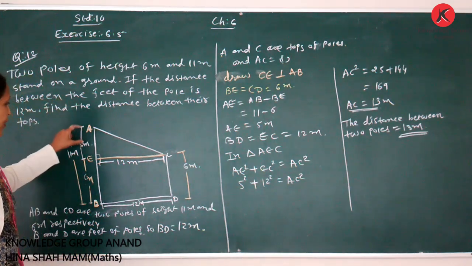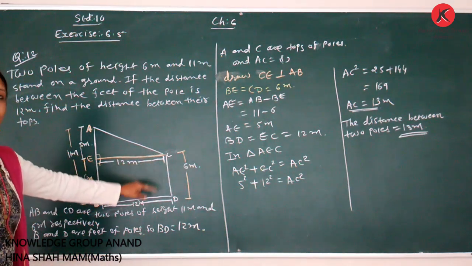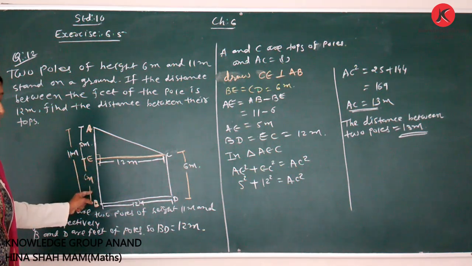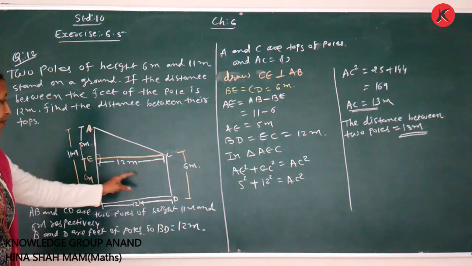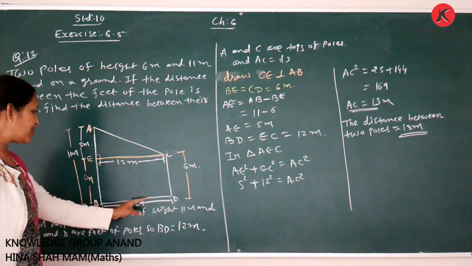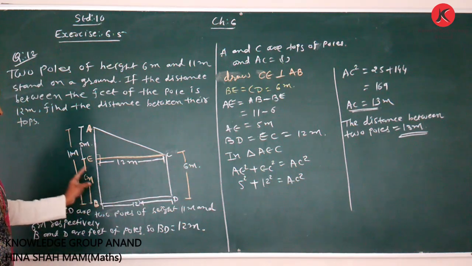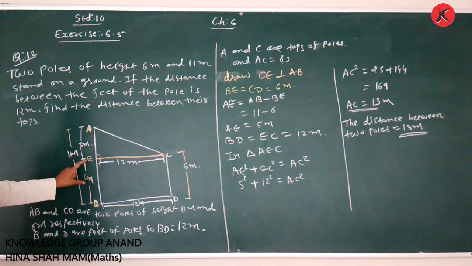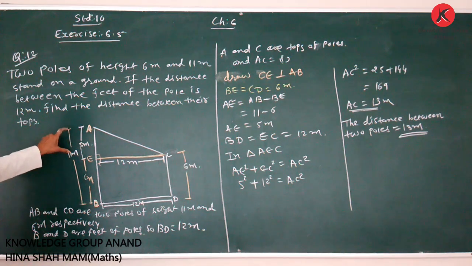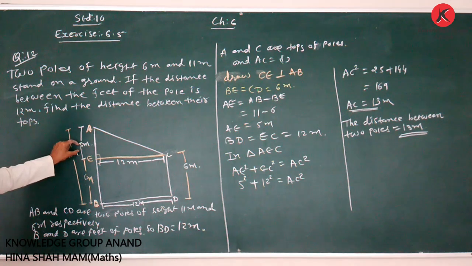Again, taking two poles AB and CD, height 11 meter and 6 meter respectively, then the distance between their feet is equal to 12 meter. Therefore, we find here AE, 11 minus 6 is equal to 5 meter.